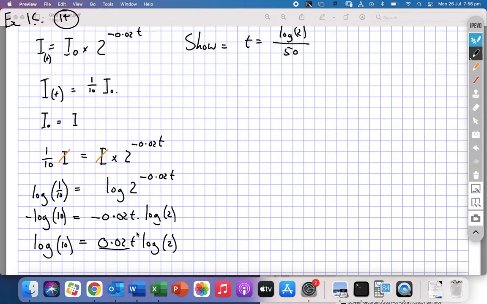And I'm seeing this 0.02, right? What's that? That's 2 1/100ths. What's that? That's 1/50th, and I'm seeing that in the answer. So I think at this point, let's write the 0.02 as 1/50th.